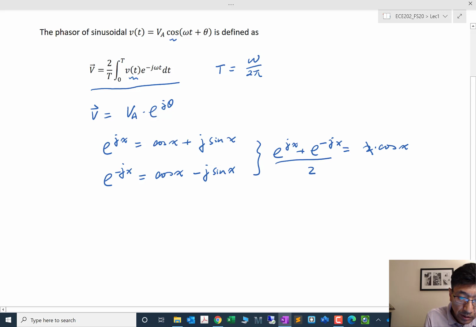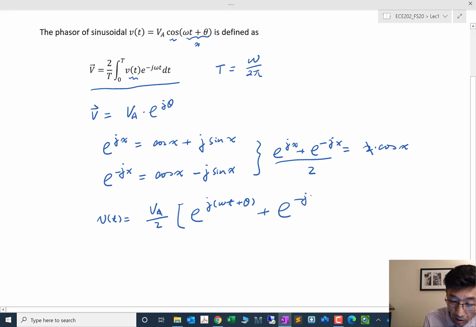And now we replace the cosine function in v(t) by these exponential functions. So v(t) in this case is going to be equal to VA over 2, and the cosine function there is e to the jx. Now we treat the whole thing as x, right? So we have e to the j (omega t plus theta) plus e to the minus j (omega t plus theta).